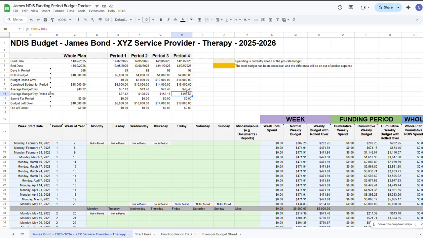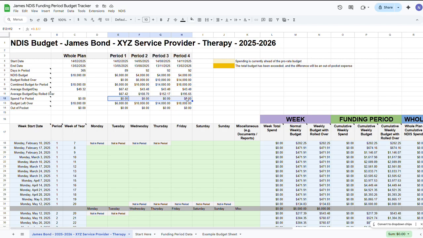If I just look at the money from the budget in period 4, I'd have $43.48 to spend per day on average. It then tells me how much money was spent for the period.